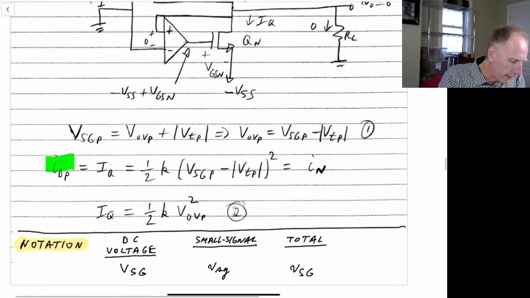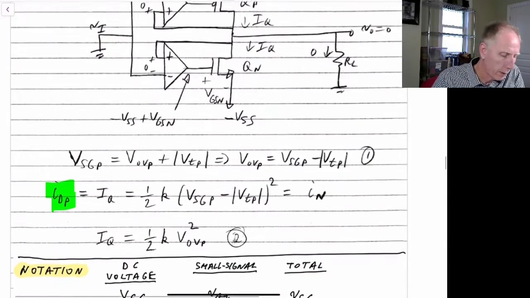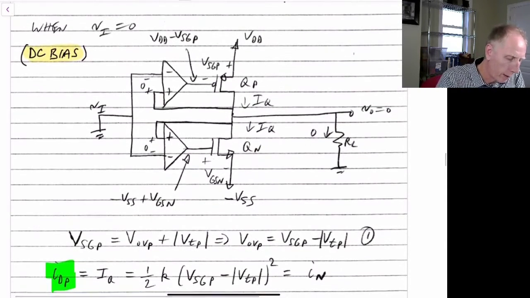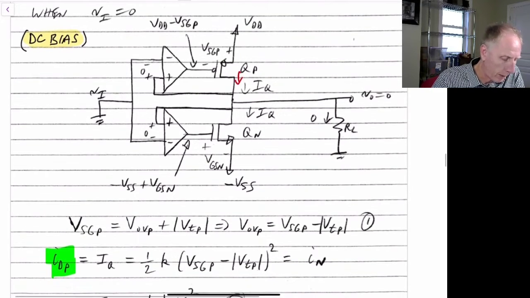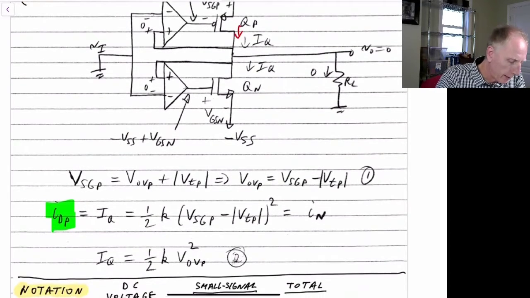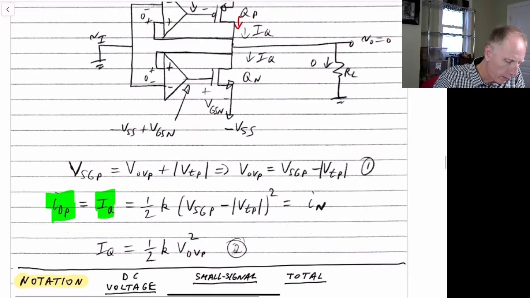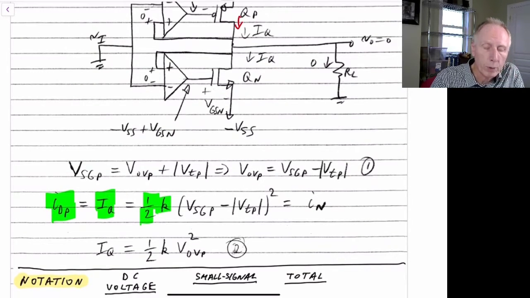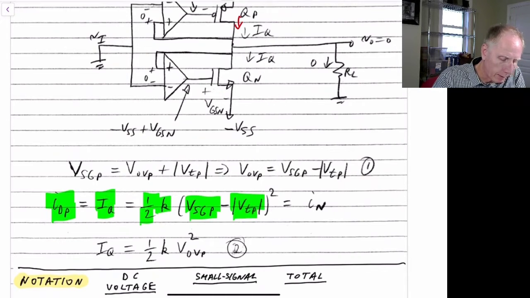We can also say that the drain current flowing through the PMOS power transistor, we've said that's equal to IQ, and that will equal 1/2 K, where K is mu P Cox width over length, times the overdrive voltage, which is V source to gate minus the threshold voltage, all squared.